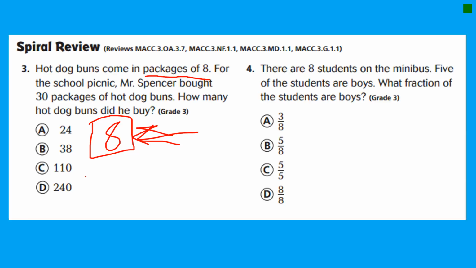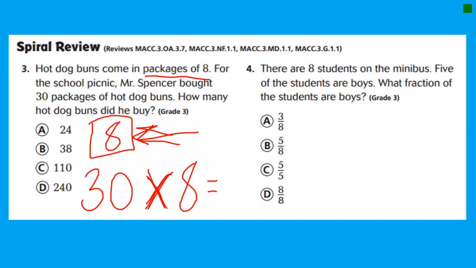So he bought 30 packages of, sets of, groups of 8. That's what multiplying is, right, guys? It's showing us multiple sets of something, and this is multiple sets of hot dog buns. Okay, so 30 times 8.